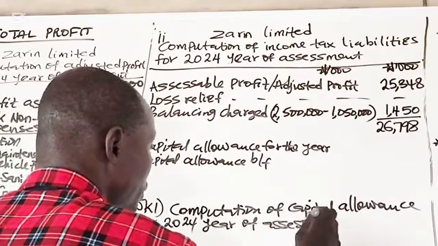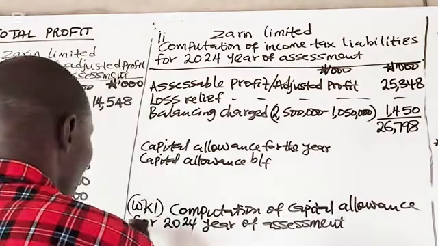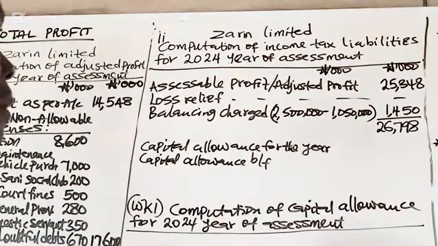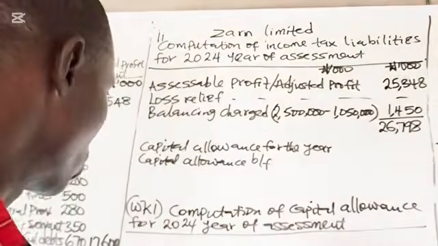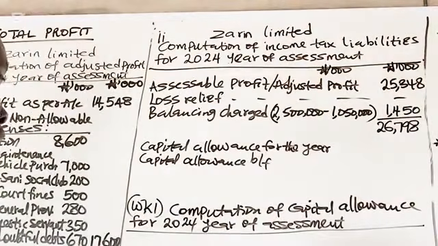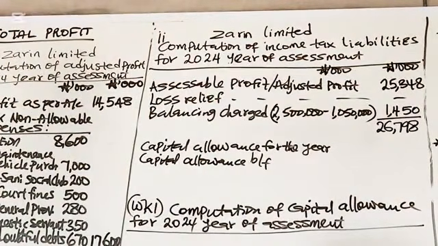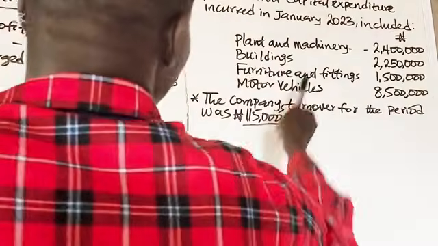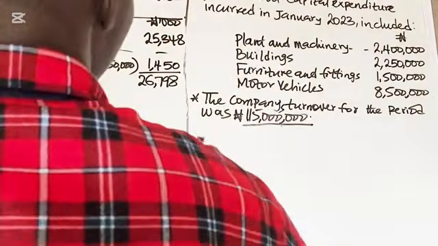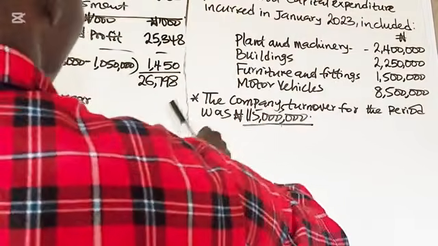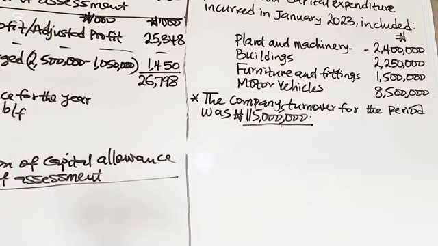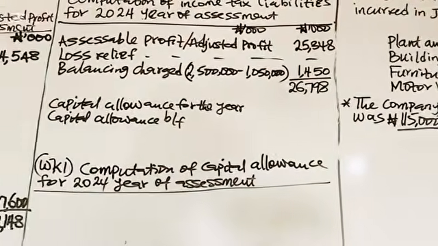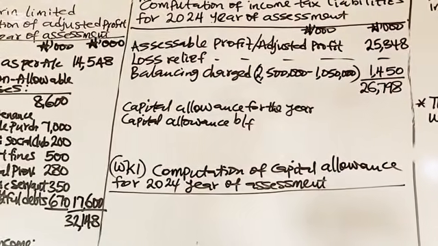We only want to compute the capital allowance for 2024 that will be claimed from our profit to get the total profit upon which tax computation will be based. The capital expenditure we have include plant and machinery, buildings, furniture and fittings, motor vehicles. So 1, 2, 3, 4. We have 4 capital expenditure that qualifies.